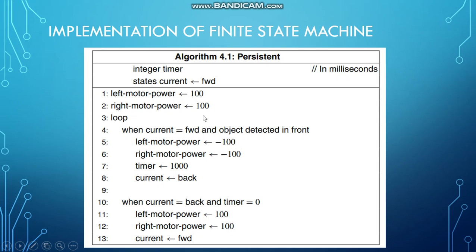From the FSM, we can convert it into an algorithm just like this. We need variables to declare the data: a timer variable that is set to a desired period of time in milliseconds, and a state variable, where the current state is forward.